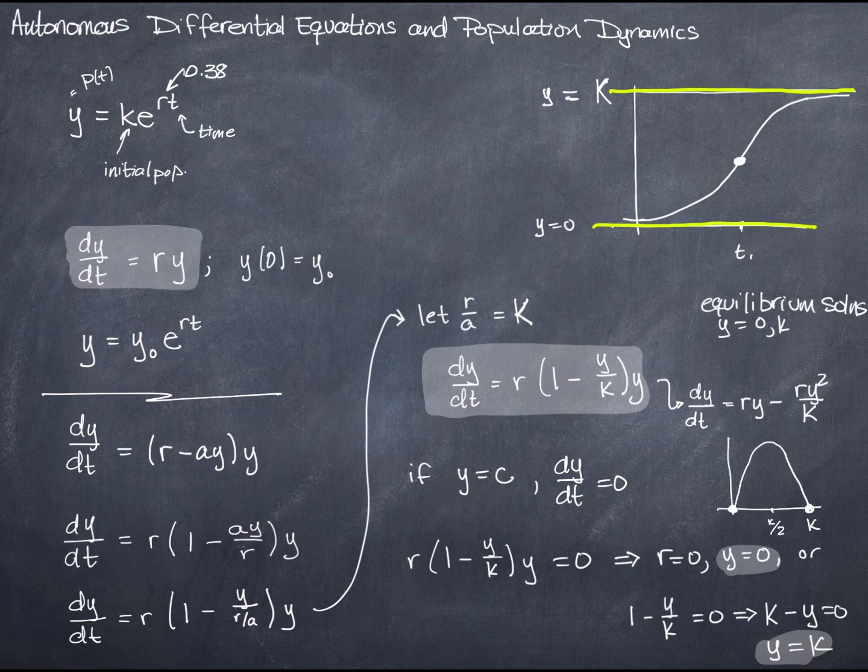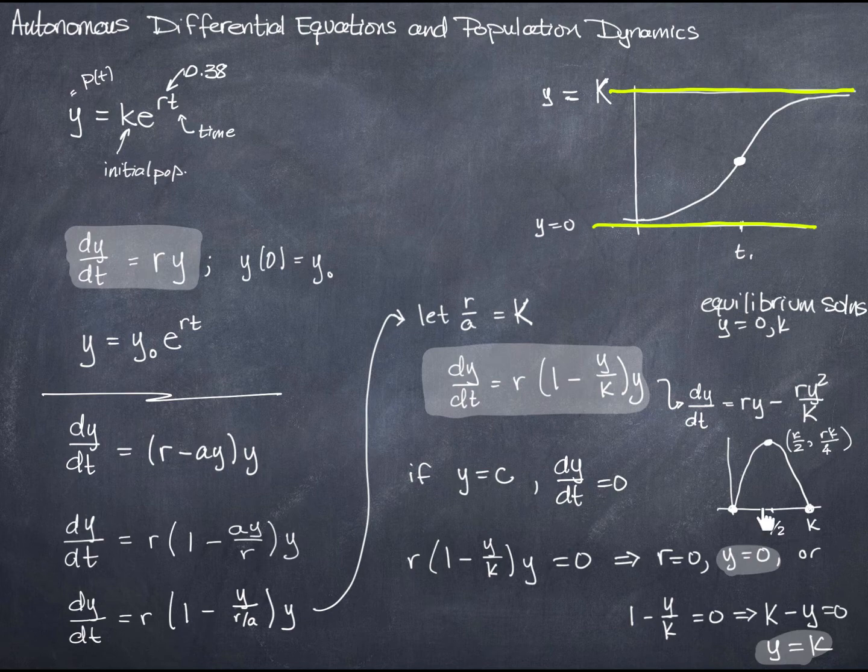If I plug k over 2 into my equation, either version of it, I get for my output r times k over 4. So my vertex is at k over 2, comma, r times k over 4. That's that point there.